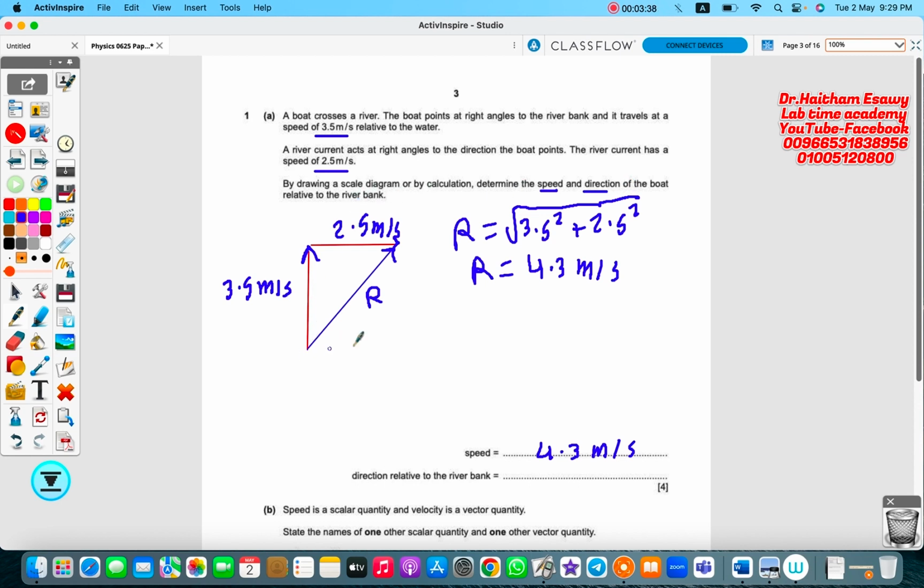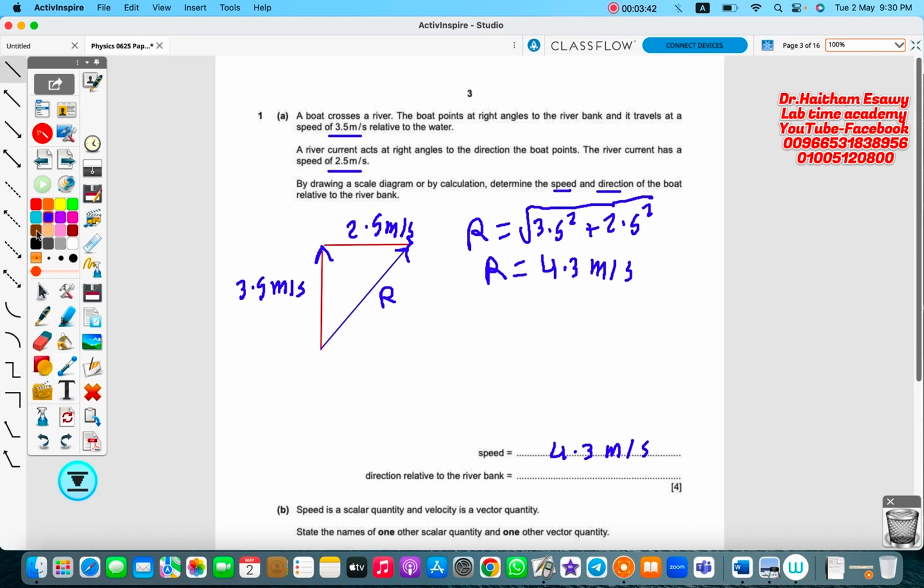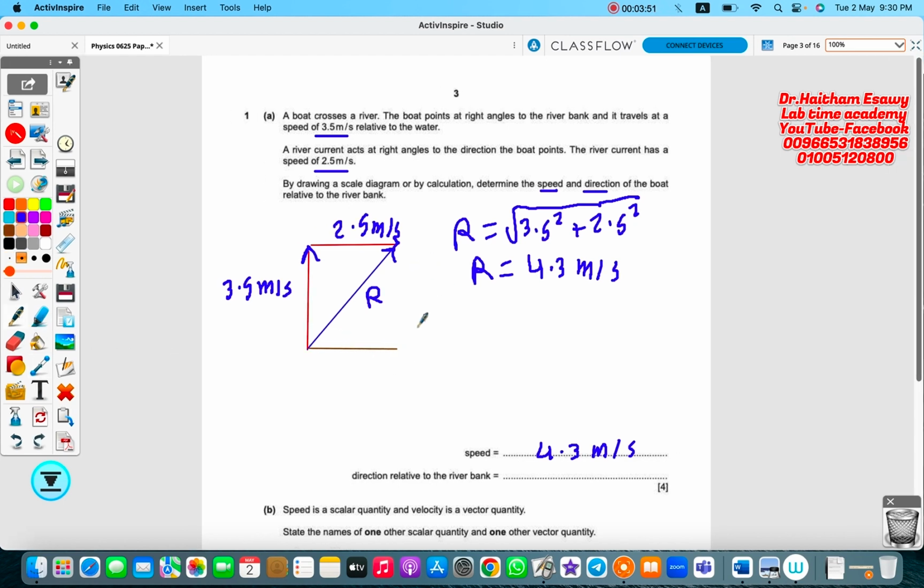So we have to draw the horizontal line here, representing the direction of the river. So we have to get this angle, theta, and let's call it theta 2. We have to get theta 2, which is the direction of the boat relative to the river bank, because the river bank is horizontal. Okay?